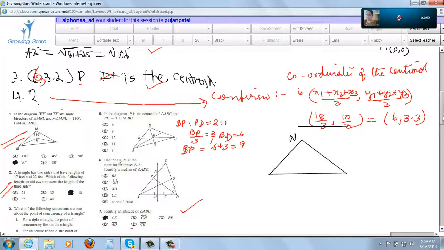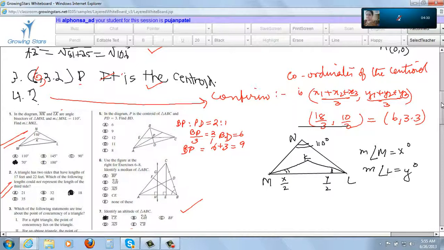We have N, M, L, and these are the angle bisectors. And this is 110. Now suppose the measure of angle M you keep as x degrees, and the measure of angle L you keep as y degrees. Since MK and LK are bisectors, the angle over here is going to be x over 2, and this is going to be y over 2.